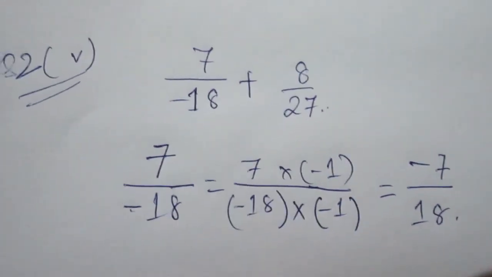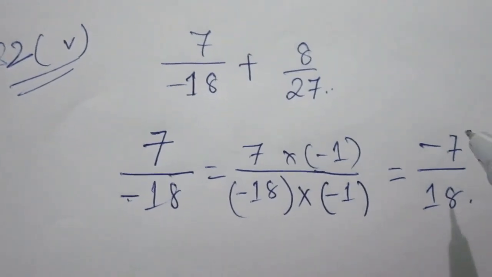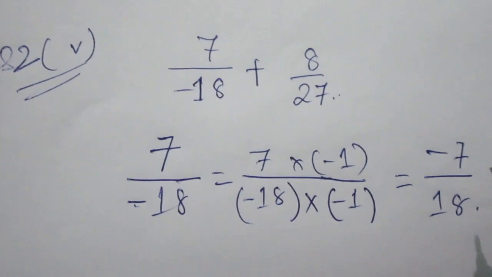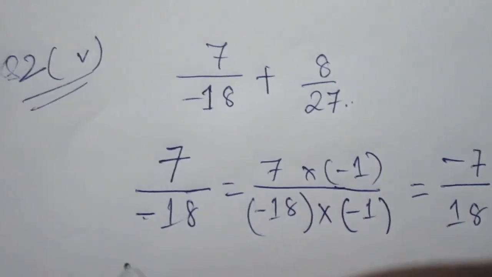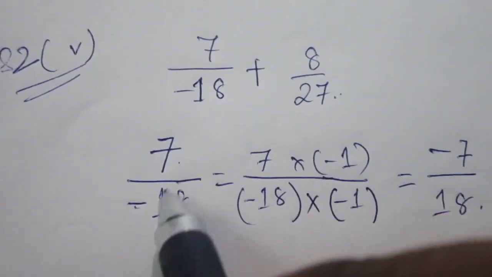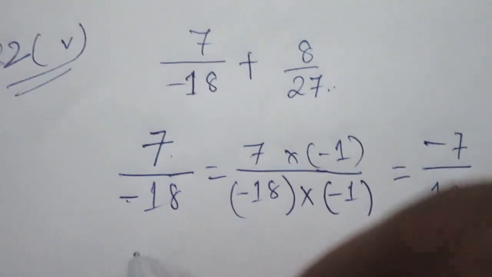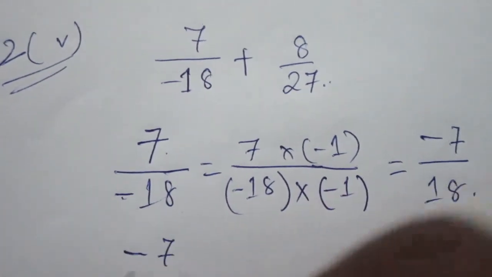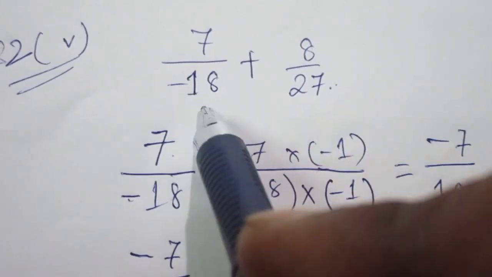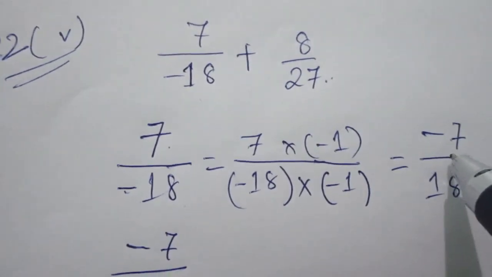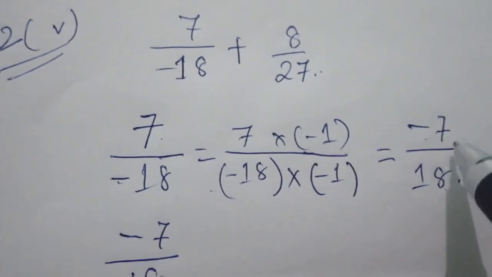It does not matter whatever sign is in the numerator, but the denominator should always be positive. So 7 by minus 18 is equal to minus 7 by 18.